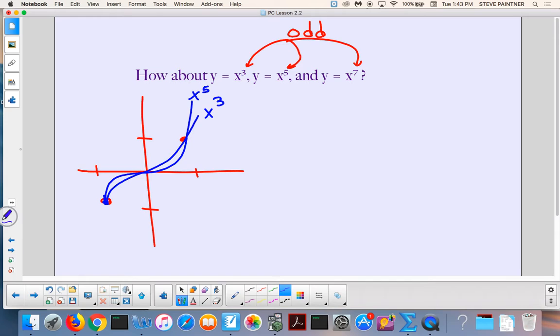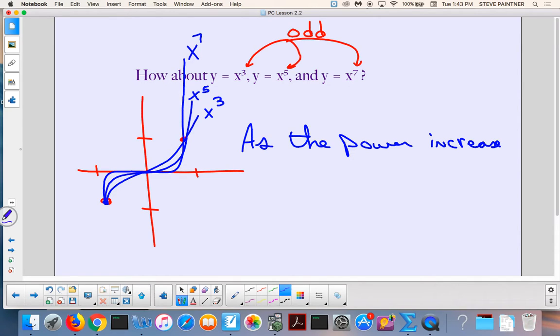Here is x to the seventh. So basically you could say that as the power increases, the graph flattens out.